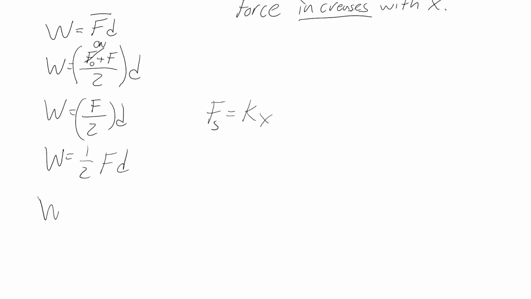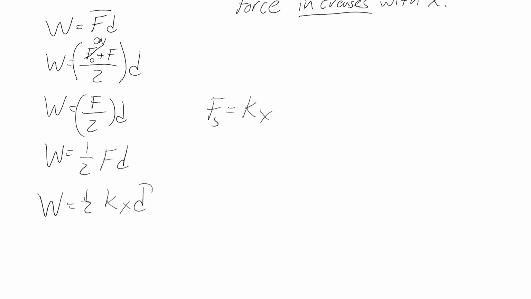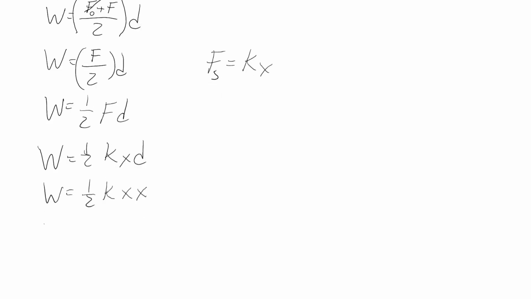So let's plug in what we know for F. 1/2 F is equal to KX times D. But remember, we're doing work. We're exerting a force over a distance. But that distance we call X, right? So instead of distance or displacement, let's make that an X. So now we have 1/2 KXX. So the work done is equal to 1/2 KX squared.